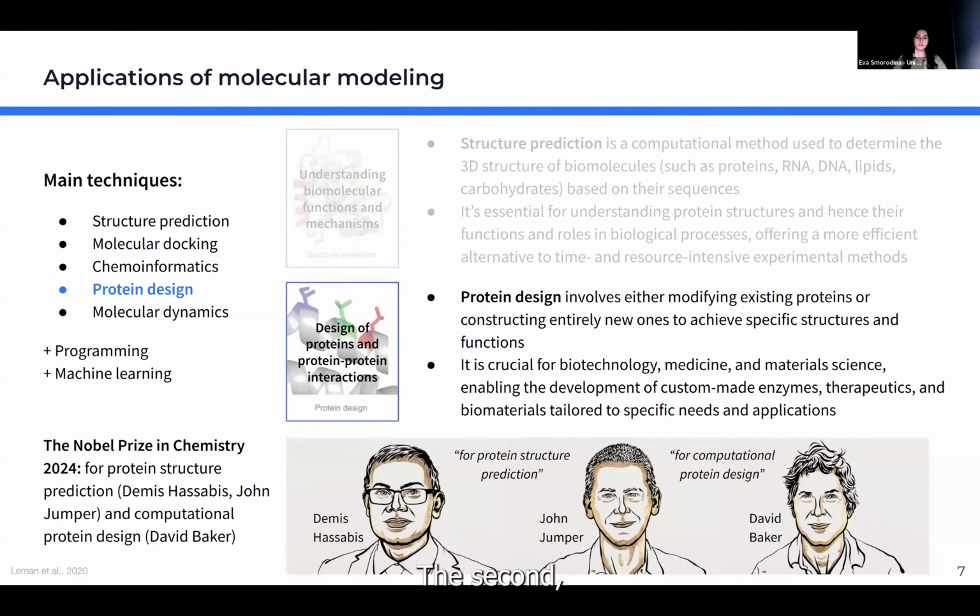The second task is protein design. Protein design is a bit more general term that involves various modifications or engineering of existing proteins or creating new proteins that address specific tasks. For example, one of the tasks can be creating a binder that will target a bad molecule, so creation of a potential drug.